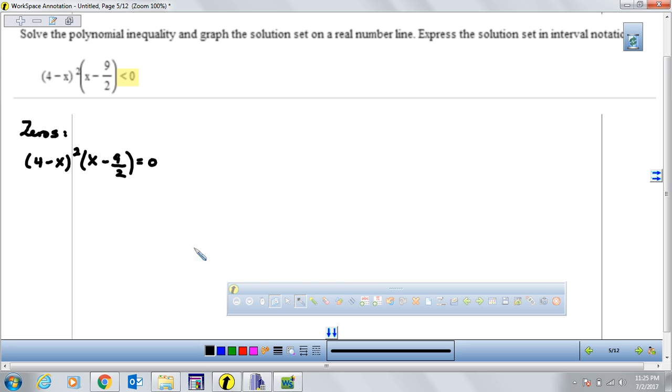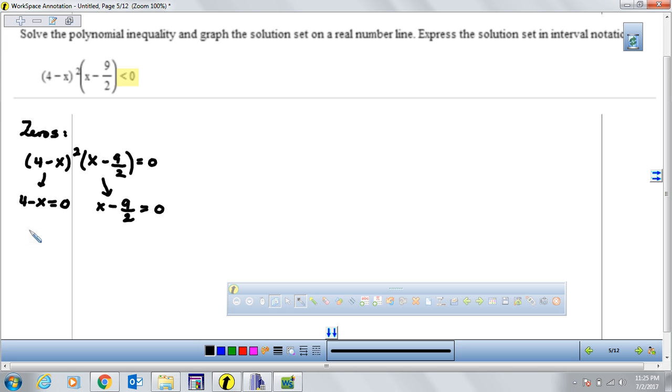The procedure we need to use, just as before, is to factor and then set each factor equal to 0. But in this case, this polynomial is already in factored form. So all we have to do is set the factors equal to 0 and solve for x.